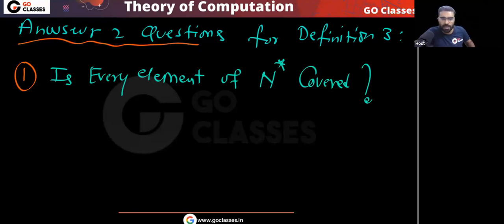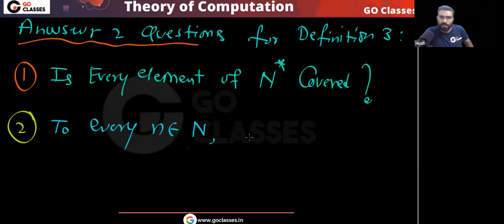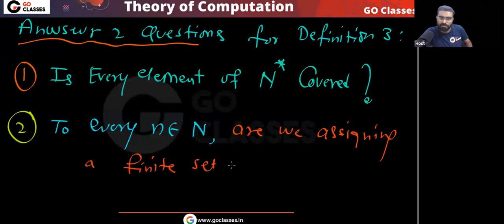And the second question is, to every natural number, are we assigning a finite set of elements?